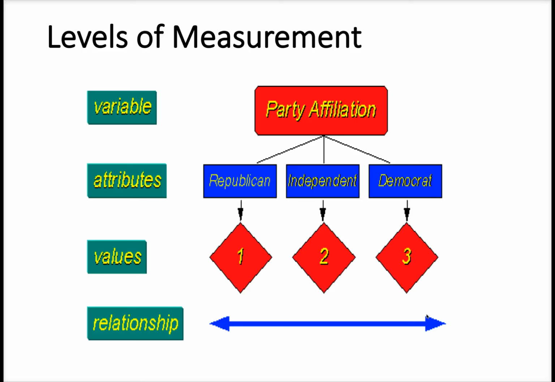An example of a variable might be if you were doing a poll and you ask people what their party affiliation is. So the party affiliation would be the variable, and the three buckets or three categories you offer them in the answer set would be Republican, Independent, or Democrat. And we would assign those a value on the survey of 1, 2, or 3. Then that would generate data, and we would be able to create the correlation.